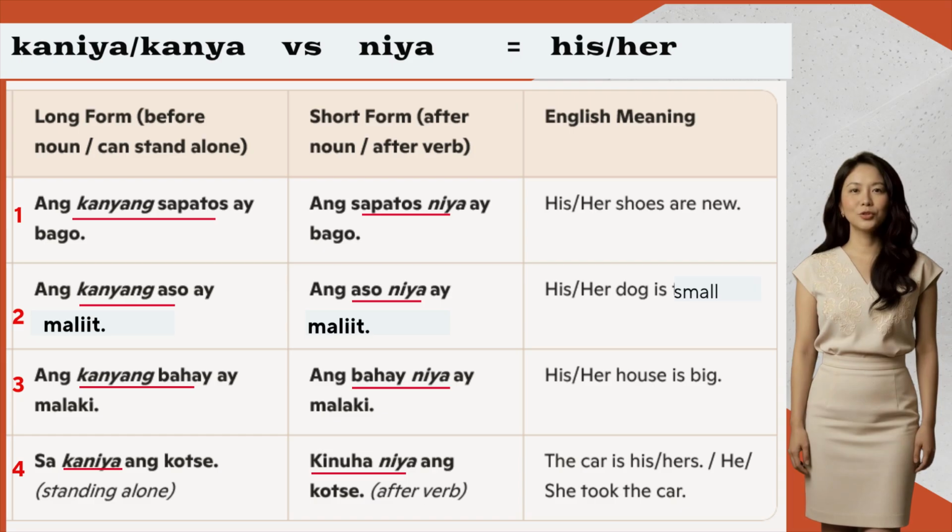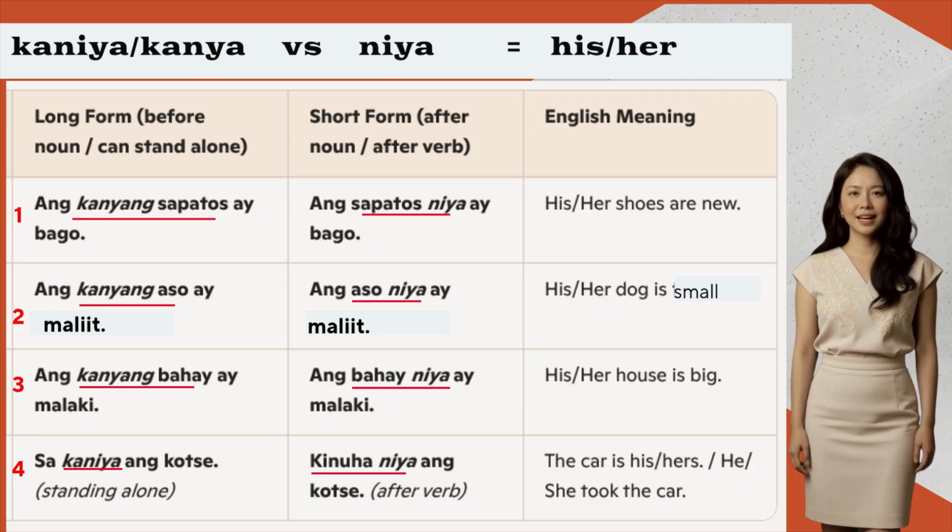Notice that we are also using a linker after the kanya. So we are linking it to sapatos. We are using the linker ng because kanya ends with a vowel. So from kanya, it becomes kanyang sapatos. So in this example, long form before the noun, short form after the noun. Number 2, ang kanyang aso ay maliit.